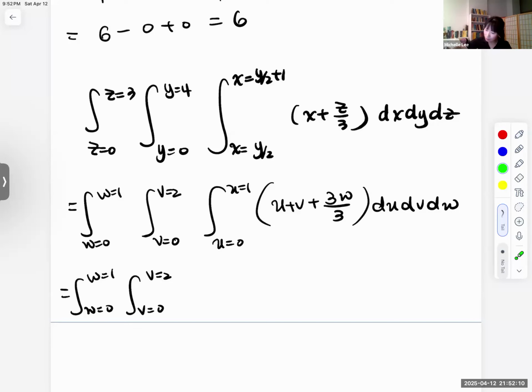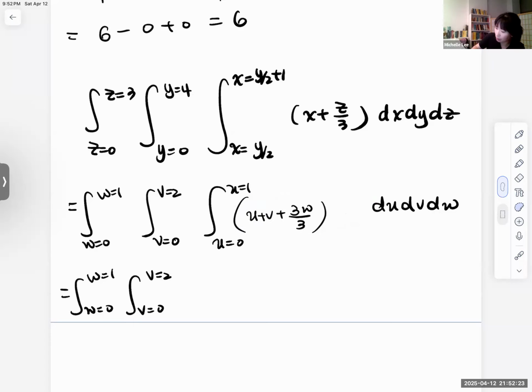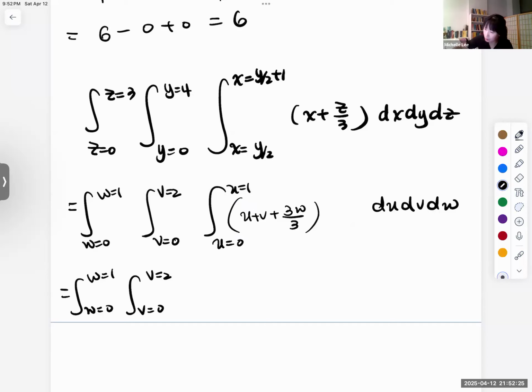Good thing I remember now. Jacobian was 6. Yeah. Okay. So Jacobian, u, v, w. And then we don't need the absolute value because it's already positive.